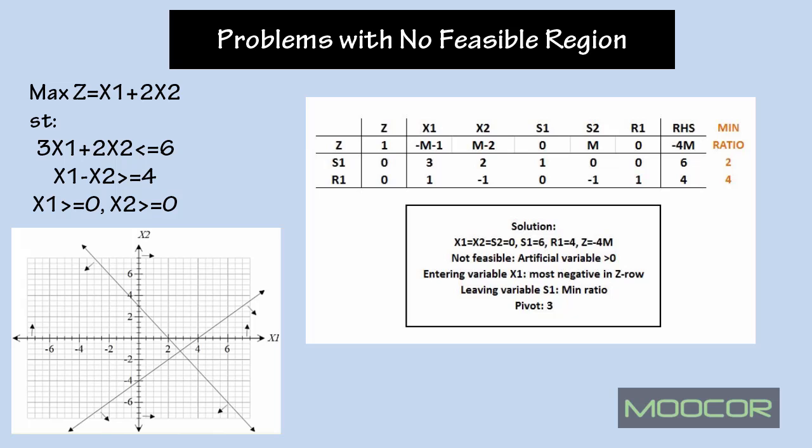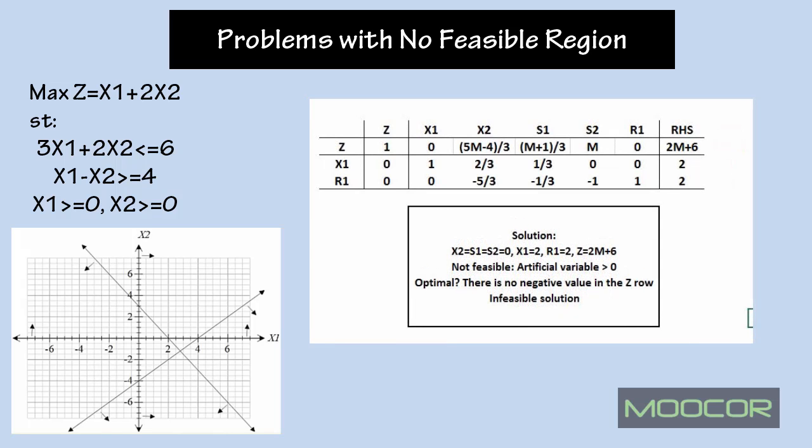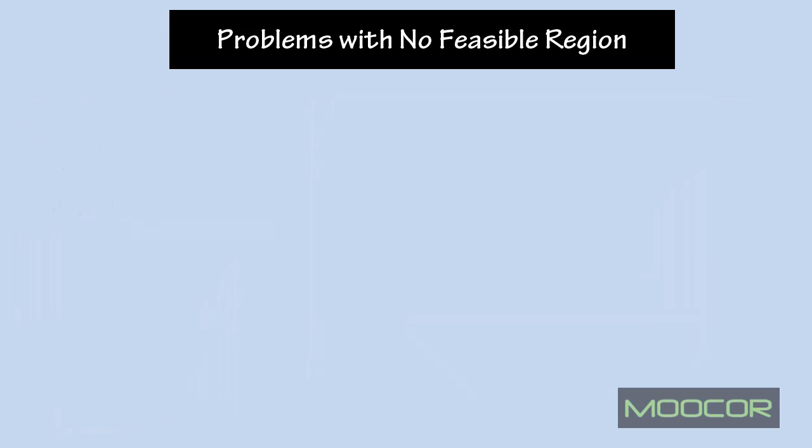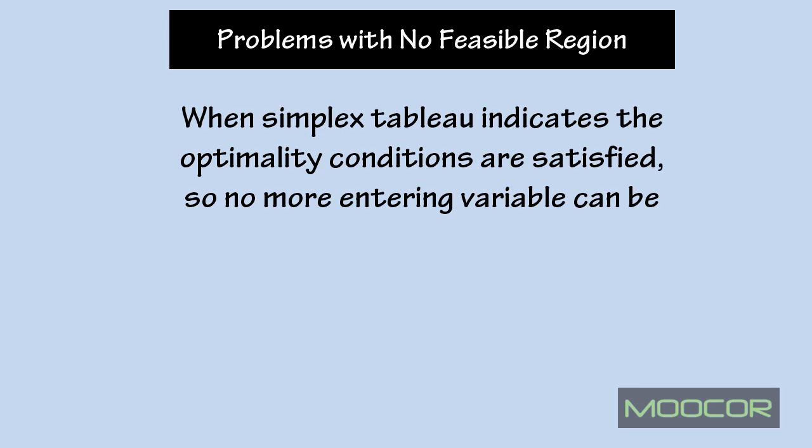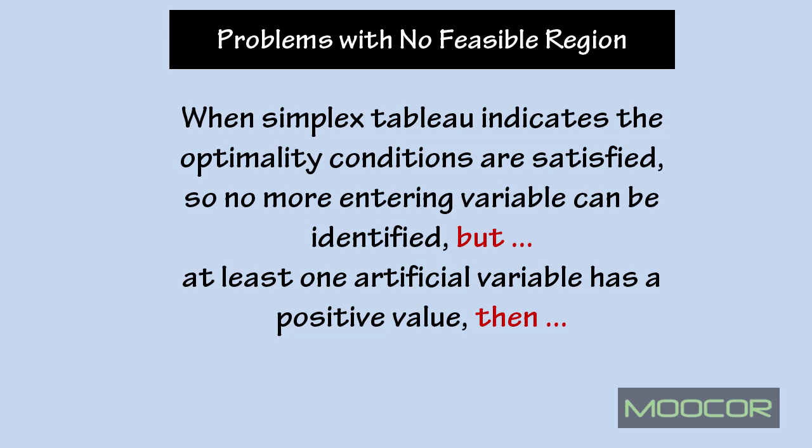Now I am faced with a tableau that has no negative value at the 0 row, but the artificial variable is positive. So when the simplex tableau indicates the optimality conditions are satisfied, so no more entering variable can be identified, but at least one artificial variable has a positive value, then the LP is infeasible.